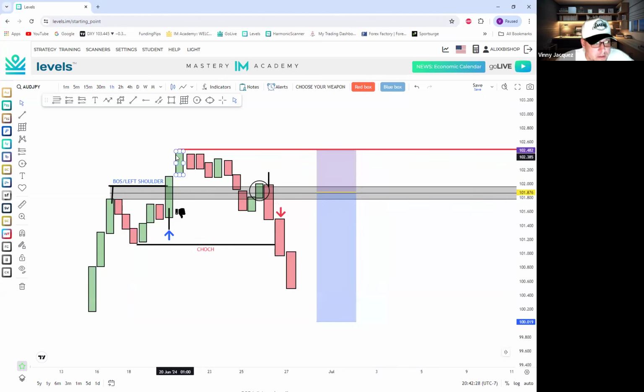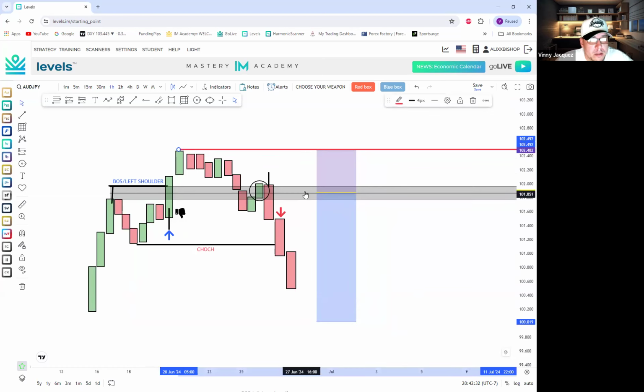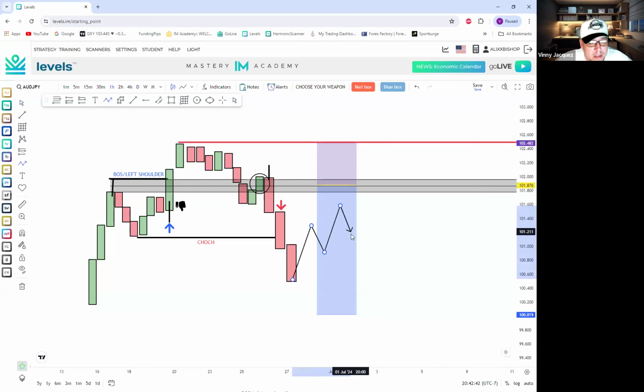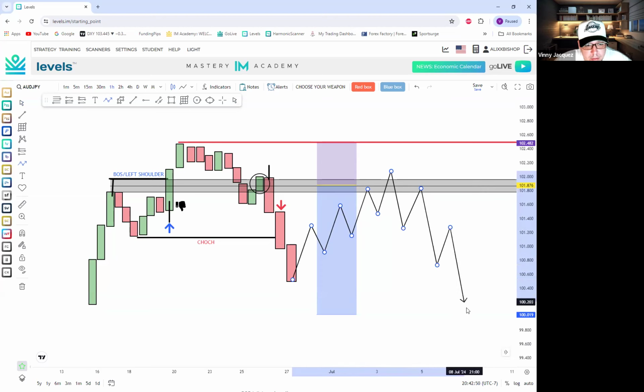My stop loss for the shoulder, guys, is always going to be the high. Yes, I give the market a little bit more room to play with, and the setup is still 1 to 3 risk to reward. So as soon as the market wants to come back and hop in this area, boom, I'm already in. Now I'm expecting the market to go my way and continue down. Does that make sense, guys?